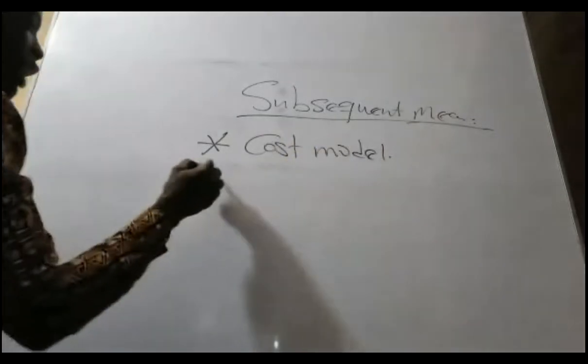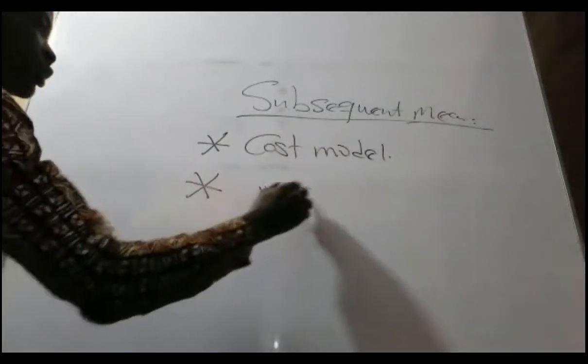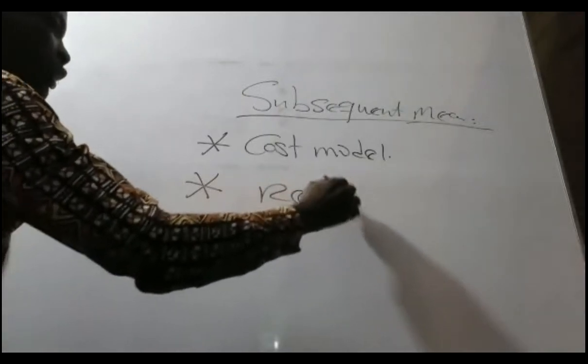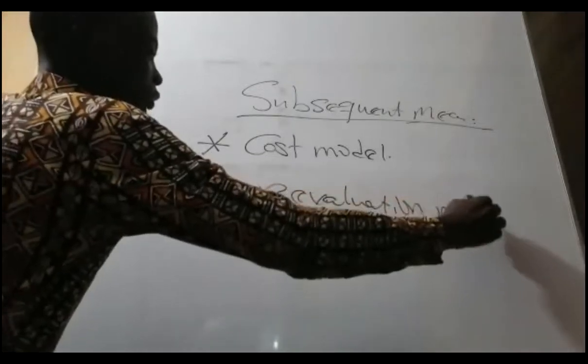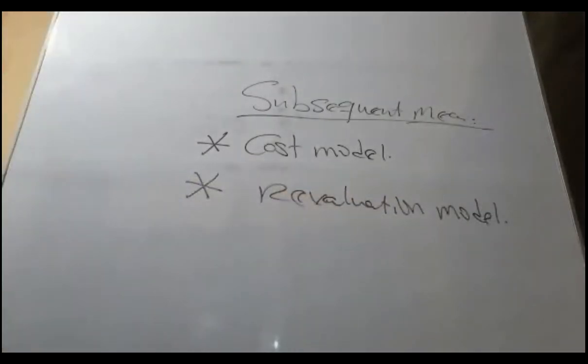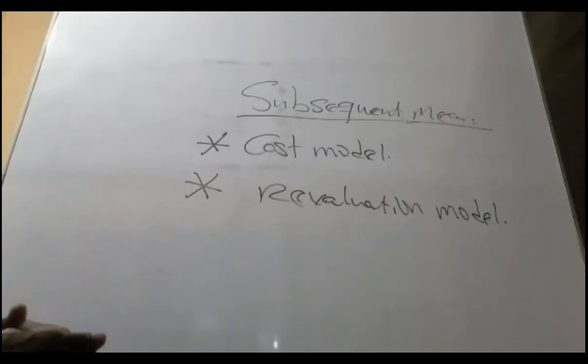Second, revaluation model. Good. So these are the two options or models available for an entity in the subsequent measurement.